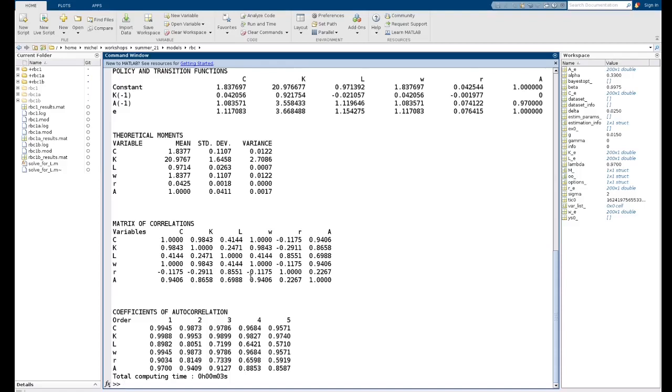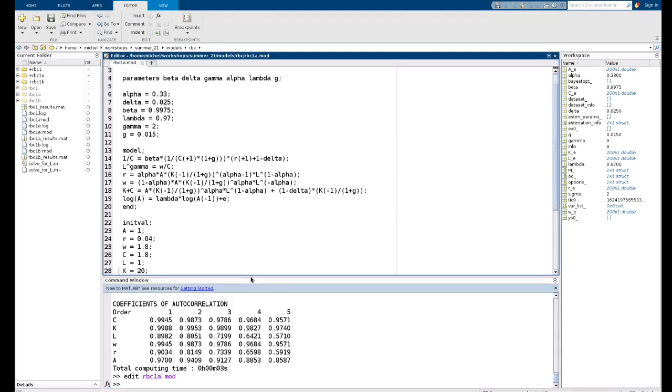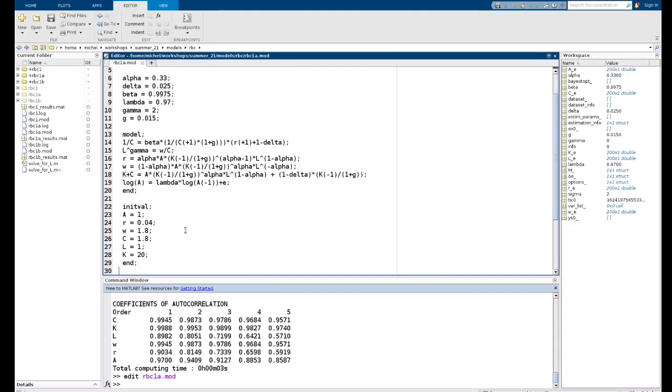Let's now look at the case where we want to ask Dynare to compute numerically the steady state. It is in rbc1a.mod. So all the top of the file is the same thing, but instead of having a steady state model block, I have an initval block in which I enter guess values for the endogenous variables.